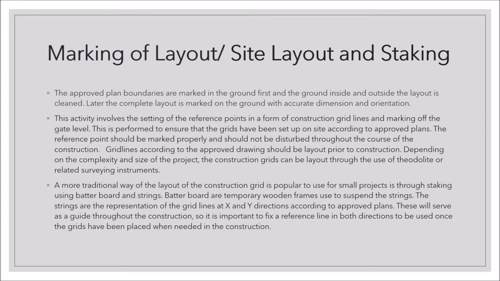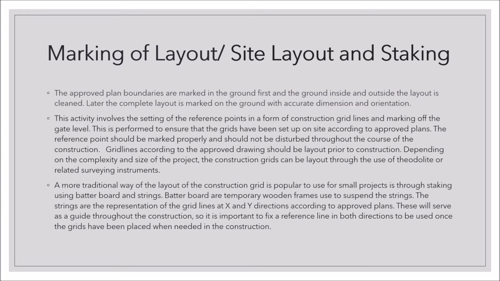A more traditional way of laying out the construction grid, popular for small projects, is staking using batter boards and string. Batter boards are temporary wooden frames used to suspend the strings. This is bouwplank. The strings represent the grid lines in the X and Y directions according to the approved plan.